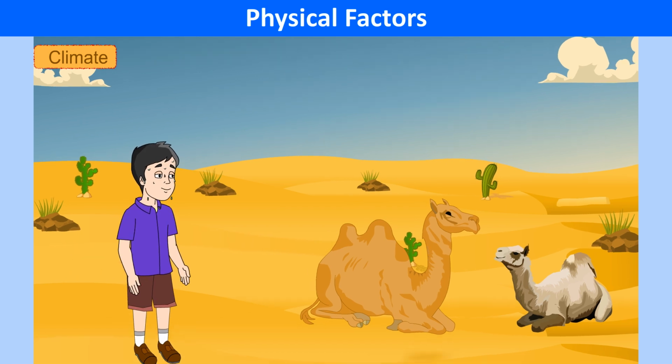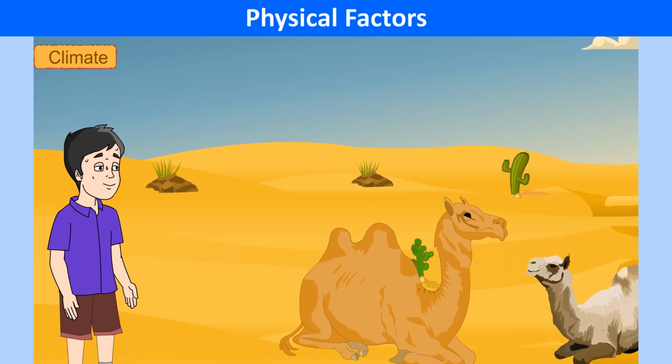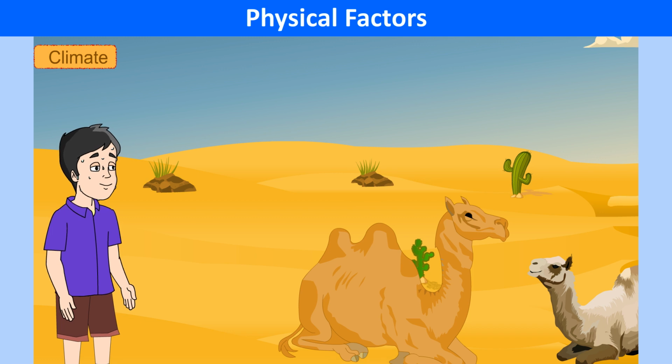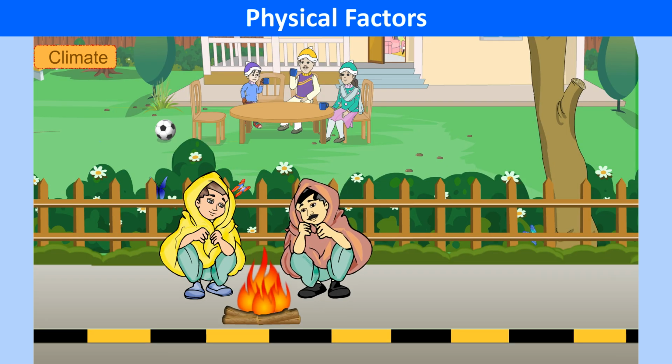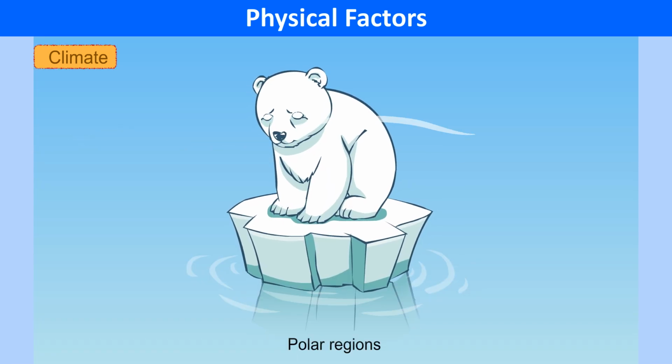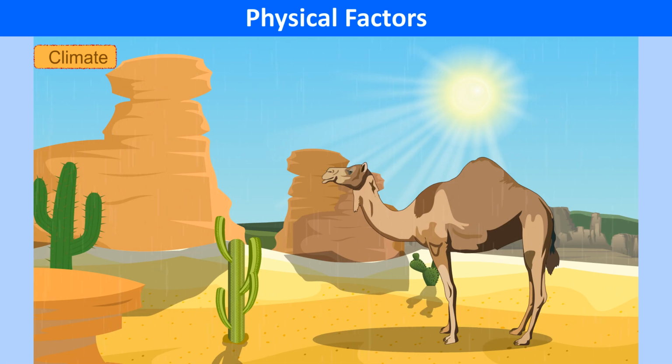Fewer people choose to inhabit areas that are too hot, as in equatorial areas, or too cold, as in the cold temperate and polar regions. Even regions that have very low rainfall, like deserts, are not preferred for habitation. Despite modern advances in technology, these areas are unlikely to show major population changes.